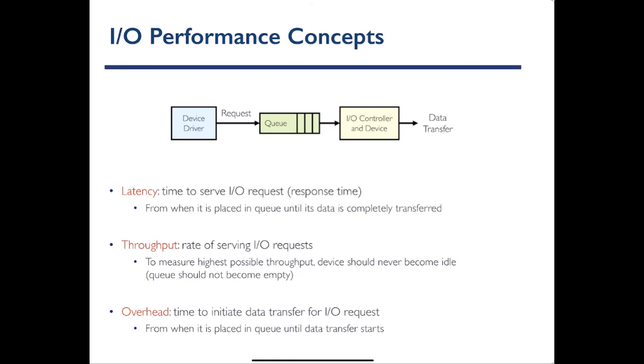Now, in reality, this model is not accurate. In reality, once your device driver generates the request, actually before that, when you do a system call, for example, to read or write to a file, this gets queued initially in IO queues.